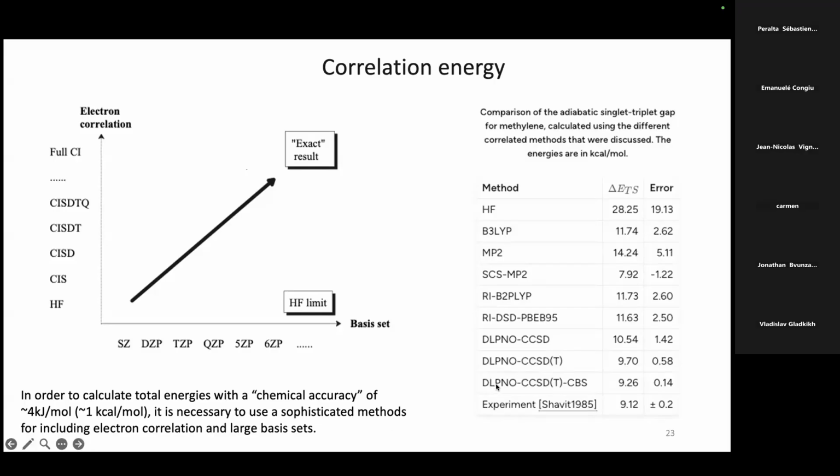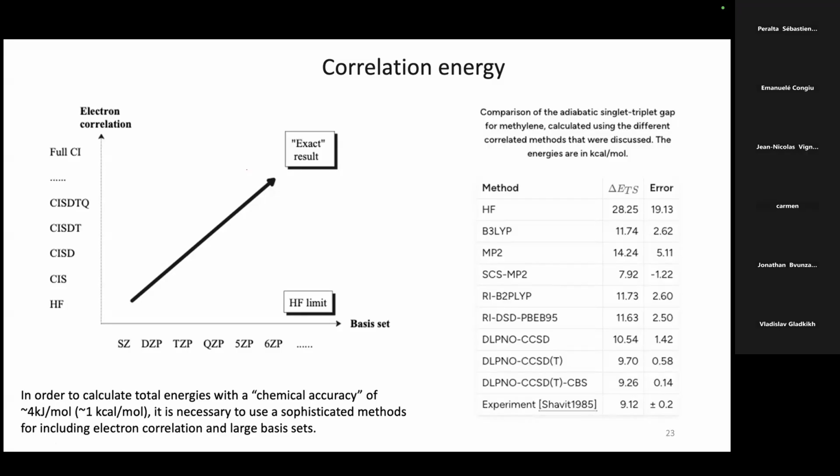Here you can see we are using coupled cluster theory, so we are somewhere here. But we use an extrapolative approach to get a better energy. Accuracy is pretty good, so you can approach the chemical accuracy. So this is a nice exercise where you can learn about the accuracy of different methods.